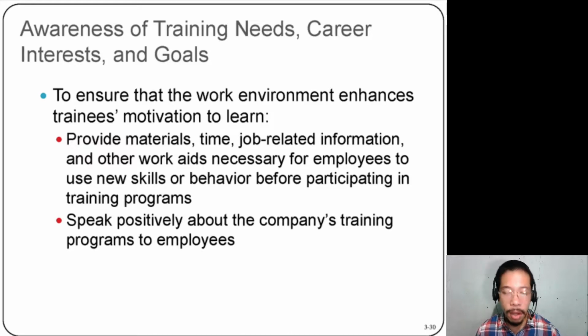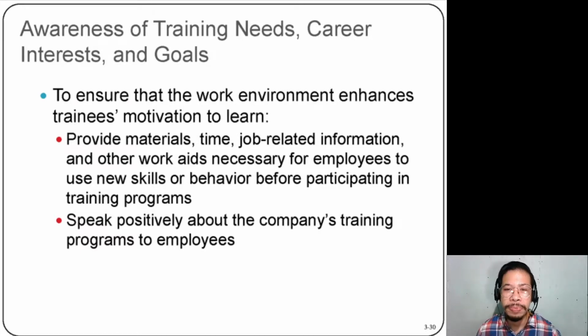I've mentioned earlier that part of the person analysis is really to know how conducive the learning environment will be. So these are the guide questions that we need to consider. Are there materials? How about the time? How about the job related information?